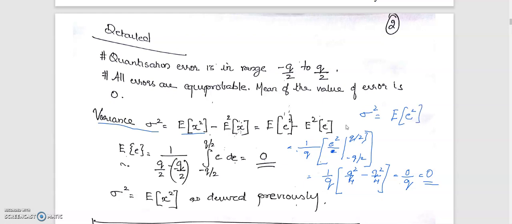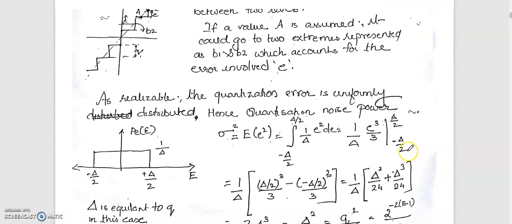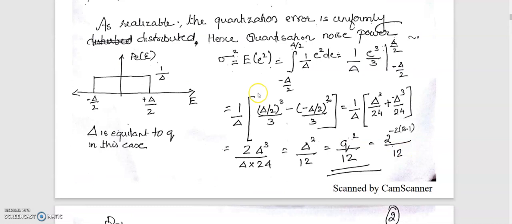Now we come to the previous screen, and when we consider expected value of E square, it becomes the integral from minus delta by 2, which is minus q by 2, to q by 2 of 1 by delta times E square de. The delta is taken out common because it is a constant.